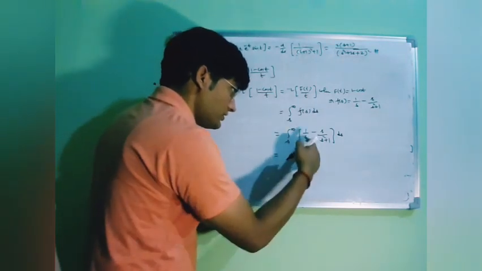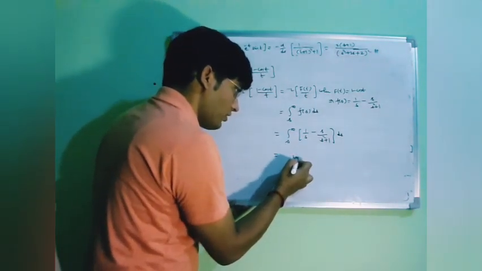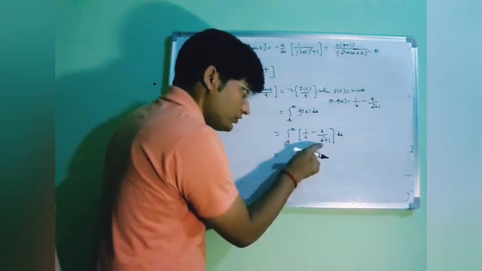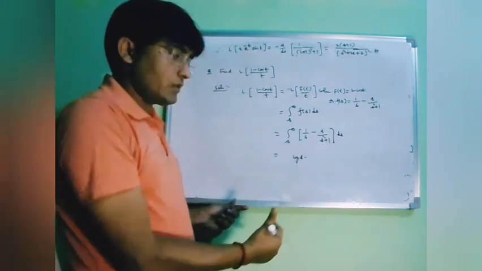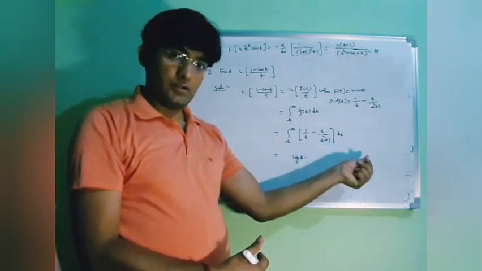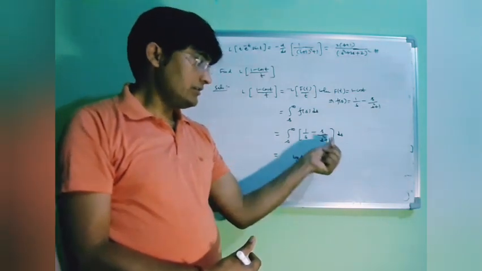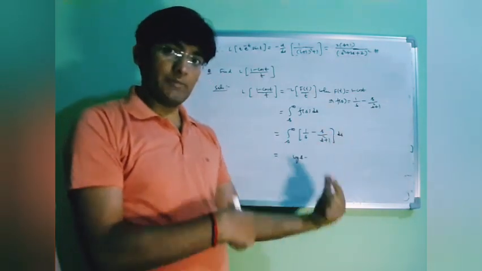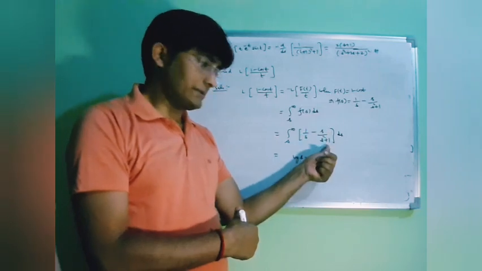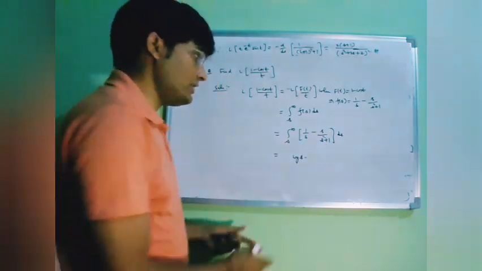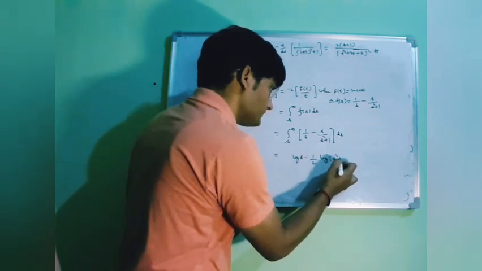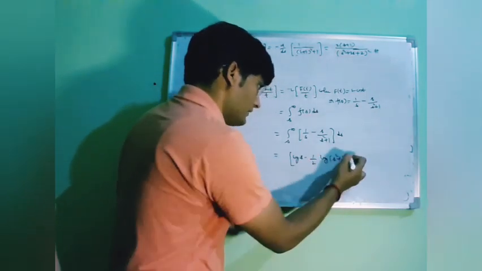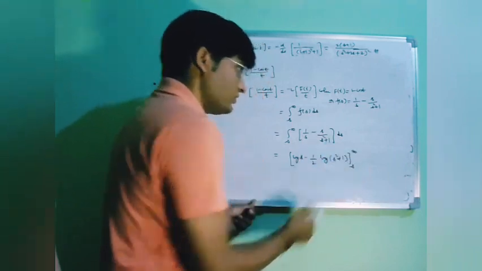The integration of 1 by s will be log s. Now to integrate this term, let us assume s square plus 1 is t. So 2s ds will be dt, so s ds will be dt by 2. So this will be 1 by t. Now the integration of 1 by t will be log t, that means log of s square plus 1, and the limits are from s to infinity.